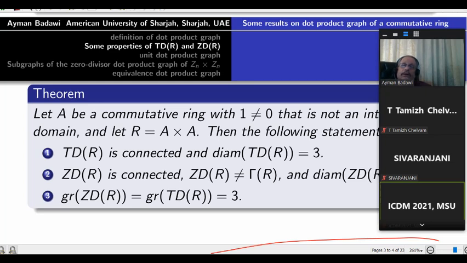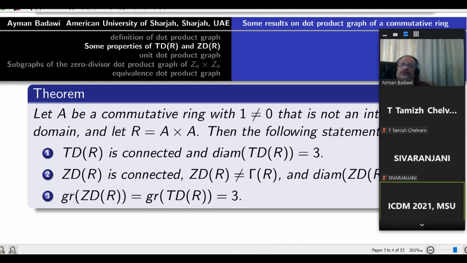Okay, let A be a commutative ring with 1 not equal to 0 that is not an integral domain, and let R be the product of these two rings. Then the following statements are equivalent. Okay, so my A is not an integral domain, and R is a product of 2. Then these three statements are equivalent.